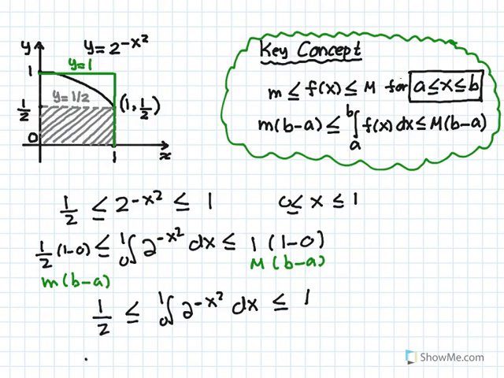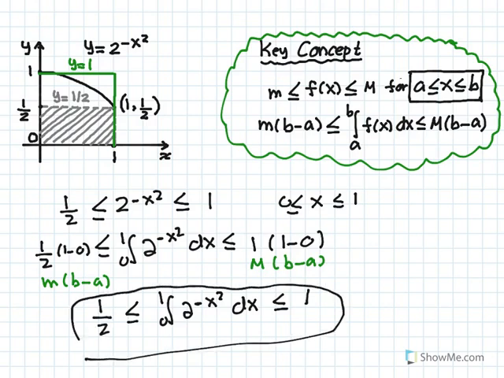Now, you may ask, can this integral from 0 to 1 of 2 to the minus x squared dx be evaluated exactly? Well, the answer is no. We can't compute this exactly.